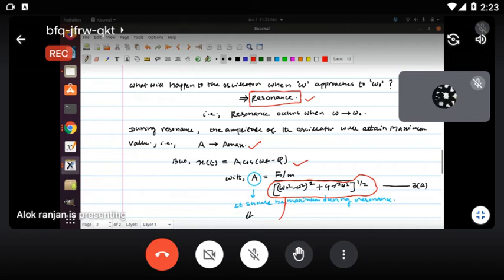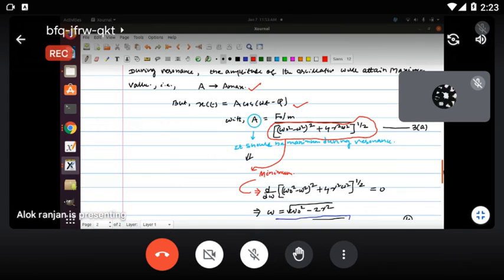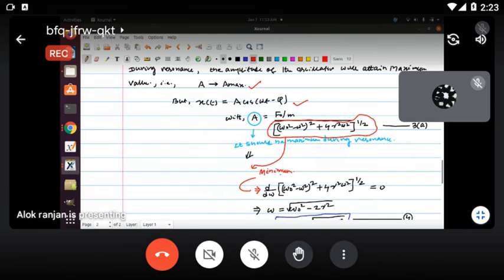So in order to maximize the amplitude A, this factor should be minimum. This minimum means the first derivative should be 0, and in addition, the second derivative must be checked. You might already know this, right?